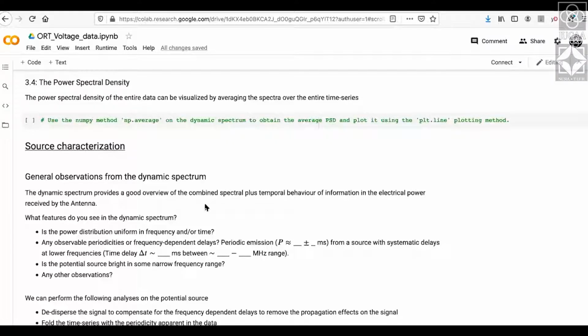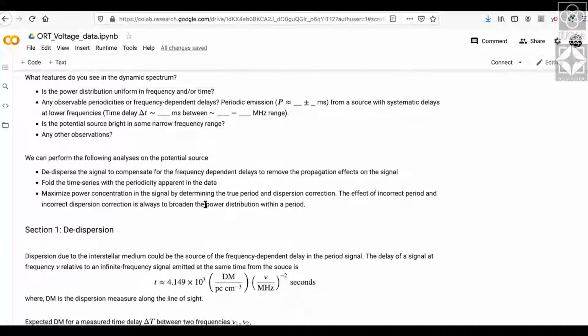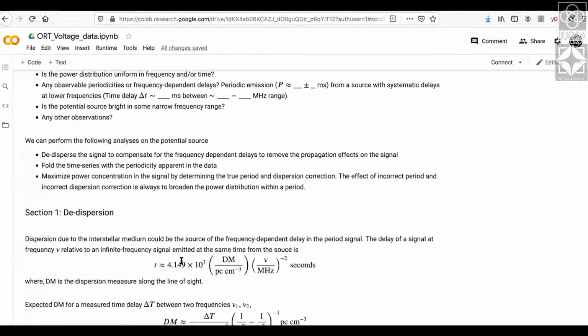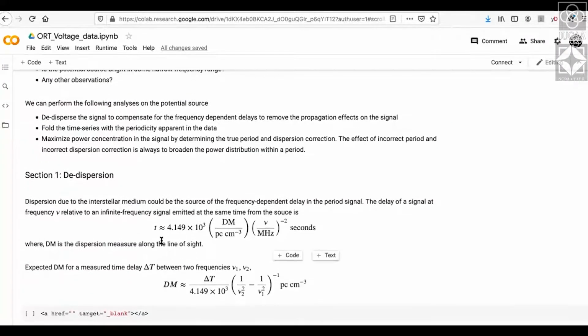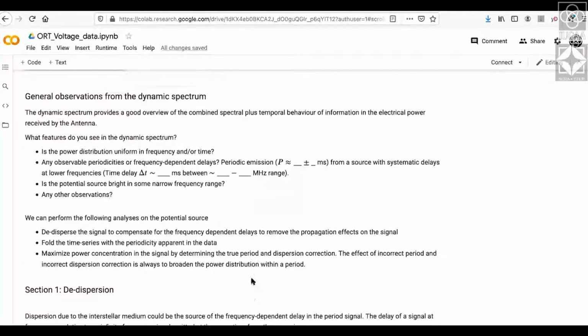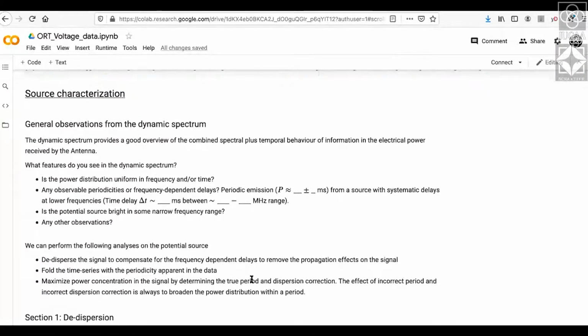And this delay follows a form of 1 over nu squared. That is also explained here. So when you look at the dynamic spectrum, you'll see that if you see a signal, the signal will be delayed as you go to lower frequencies.